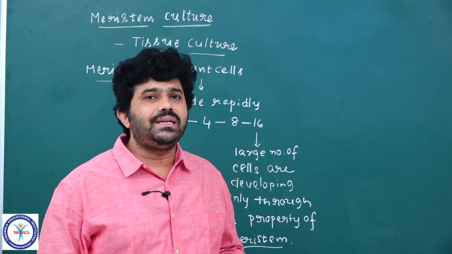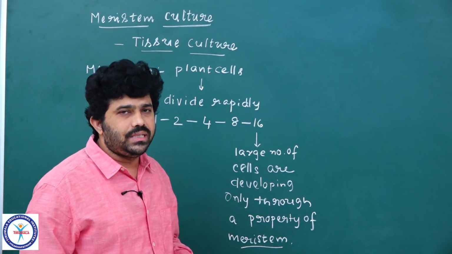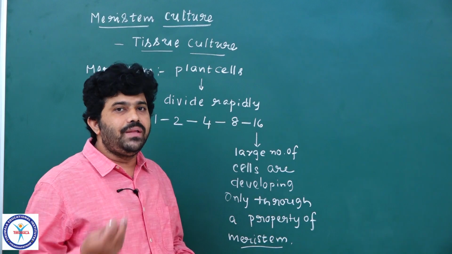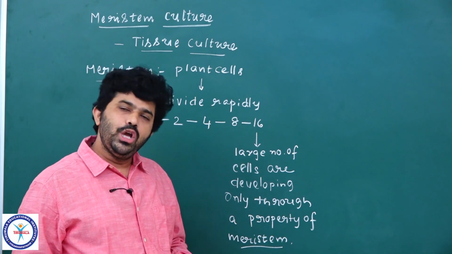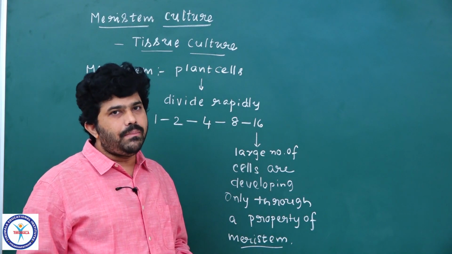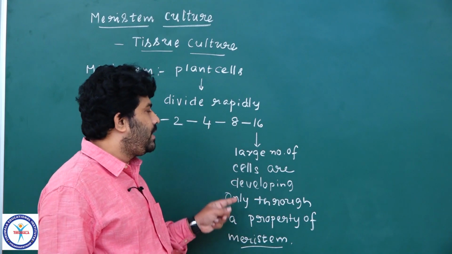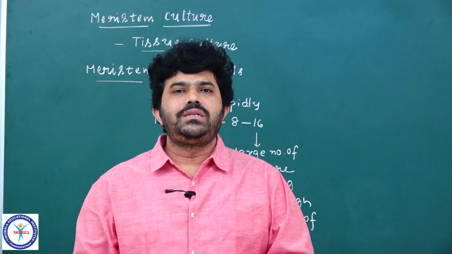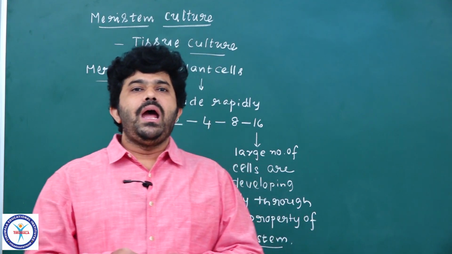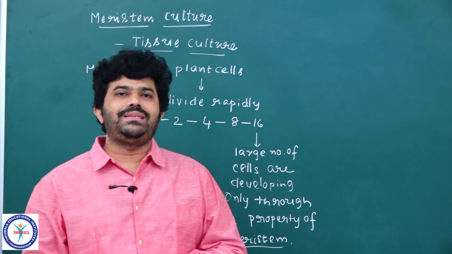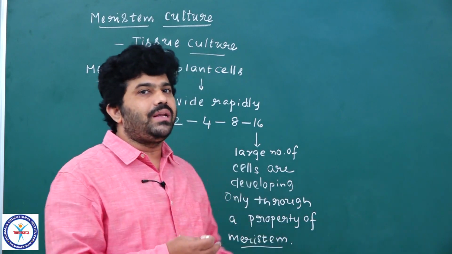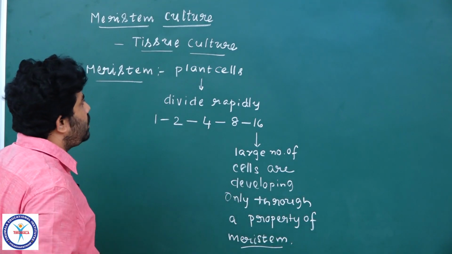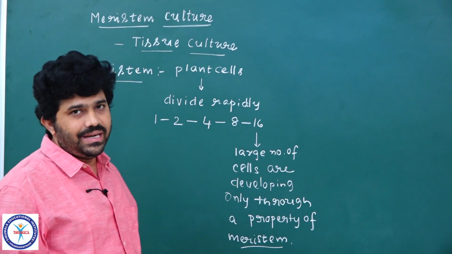Unicellular organisms have their whole body as a single cell. But in multicellular organization, cells make groupings which we call tissue. Understood, students? And groupings of tissues are collectively called organs. Different organs are seen in the body of plants and animals.